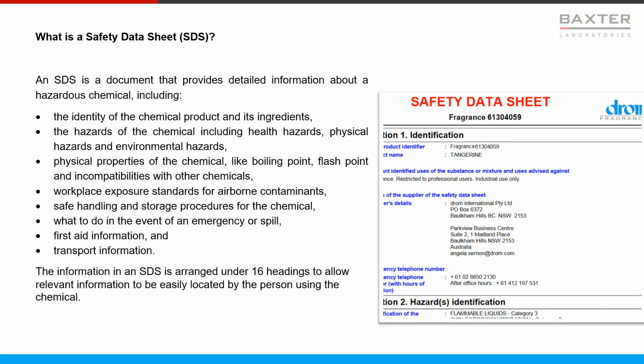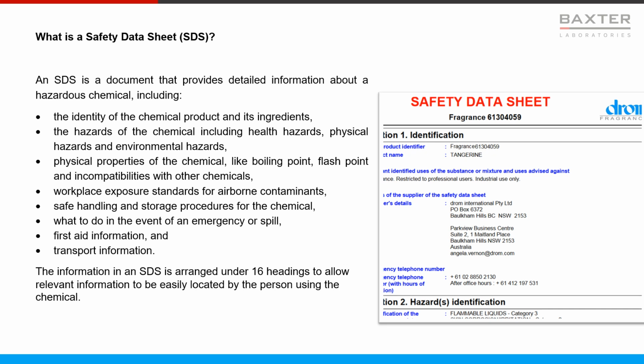An SDS is a document that provides detailed information about a hazardous chemical, including the identity of the chemical product and its ingredients, the hazards of the chemical including health, physical and environmental hazards, the physical properties of the chemical like the boiling point, flash point and incompatibilities with other chemicals, workplace exposure standards for airborne contaminants, safe handling and storage procedures, what to do in the event of emergency or a spill, first aid information and transport information.